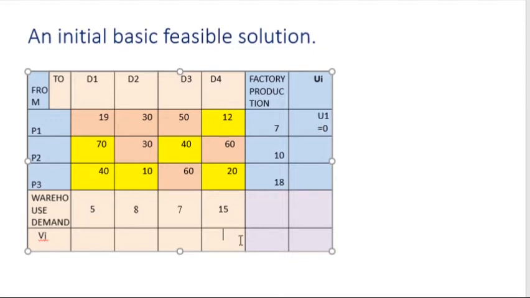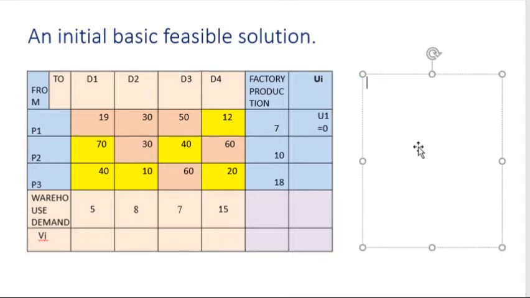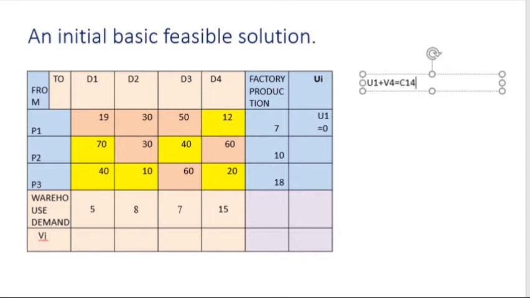We know that U1 plus V4 is equal to C14, and C14 is equal to 12. So that means, since U1 is equal to 0, V4 is equal to 12. So I will put 12 here.